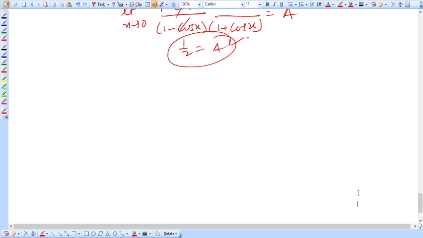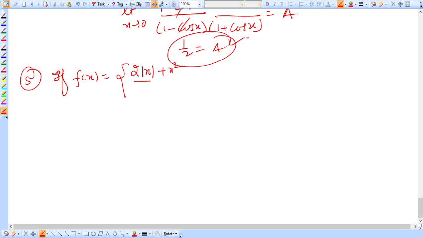So in this problem we are given that f of x is equal to 2 mod x plus x square divided by 3x when x is not equal to 0 and equal to a when x is equal to 0, right? So if this function is continuous at x is equal to 0, find out the value of a. Okay, it is also pretty simple question, right?